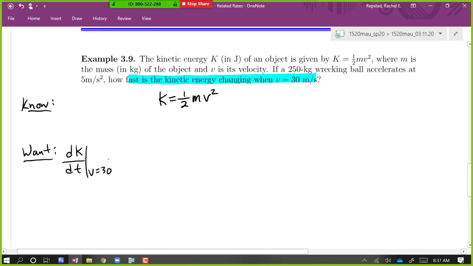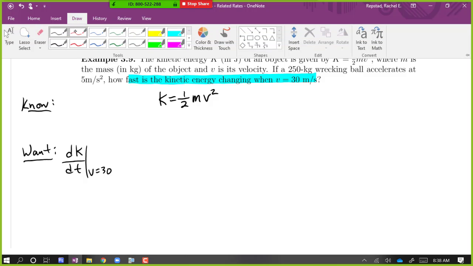So I'm going to stop right there and just say, we want dk dt when v is equal to 30. What that means is we're hoping that the original equation, before we take any derivatives, can give us an equation with only k and v. The equation we have has k and v and m, the mass, but they told us the mass.